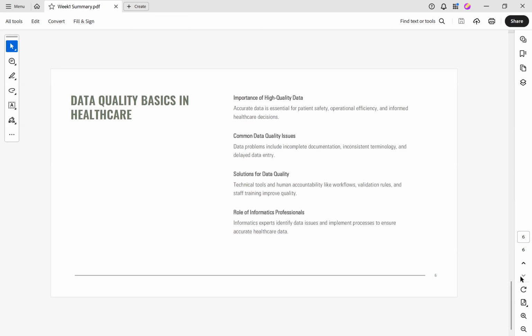So, the last slide here. This course is about understanding the different types of data, but it is about striving for high quality data to make patient care optimal, operational efficiency, and really to inform the public.